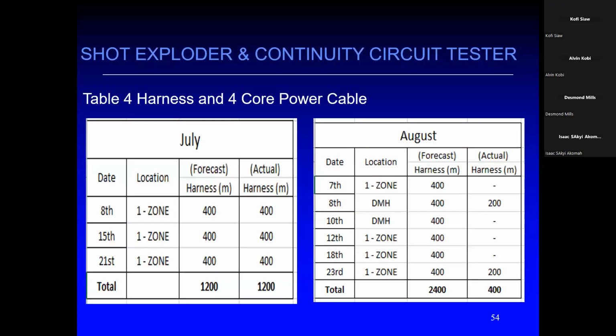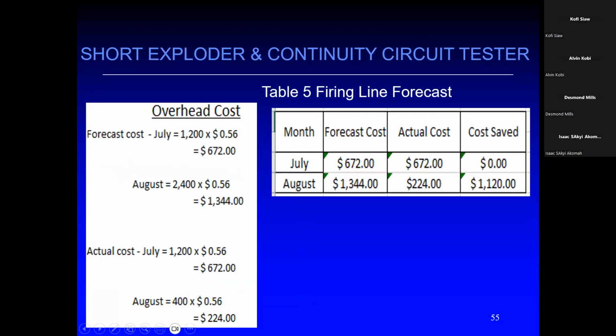So our device has been used for the past 1 month and it's robust. In terms of cost saving, the 4-core power cable can also be used at the firing line instead of the harness, as I've already shown in the diagram. So basically, that is it. I don't know whether I've answered your question.